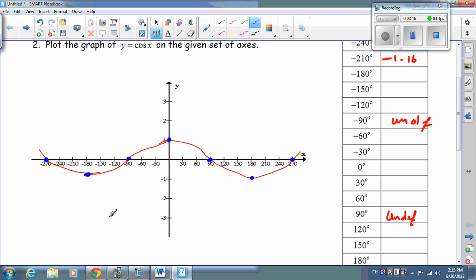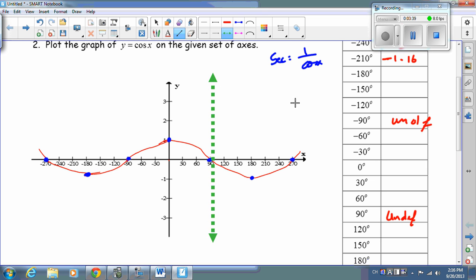Now, once you complete your cosine, because we're dealing with secant, keep in mind, secant is equal to 1 over cosine. Wherever it's touching the axis, that means the cosine is 0. Since we're dividing by the cosine, we do not want it to be equal to 0. That's exactly where you will have your asymptote. Everywhere it's intersecting the x-axis, that's an asymptote.